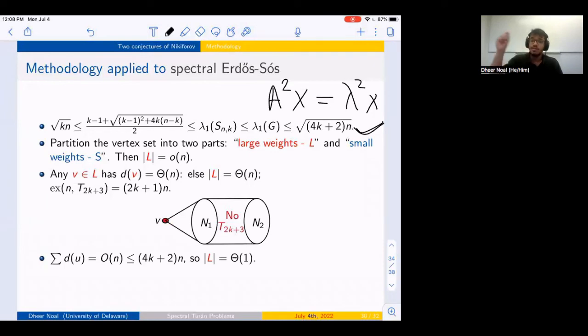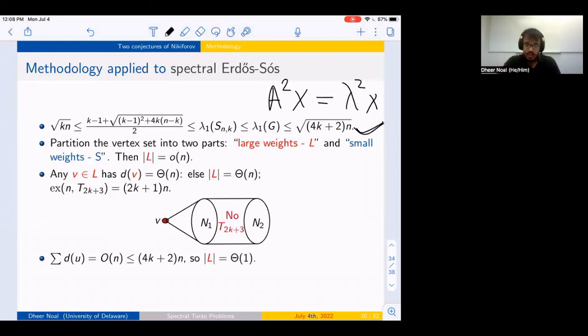So we'll have a lot of vertices in its second neighborhood which have large weights, but that would end up forcing us to have a lot of edges between the neighborhood of a vertex with large weight and the second neighborhood. And this would force trees inside.